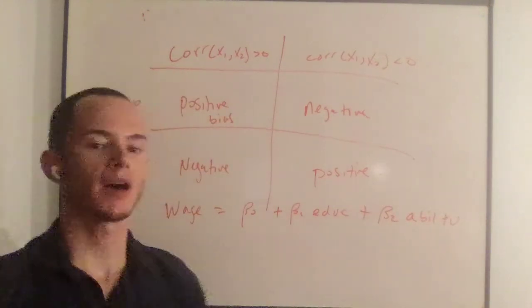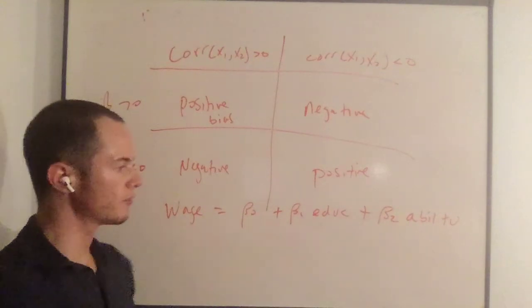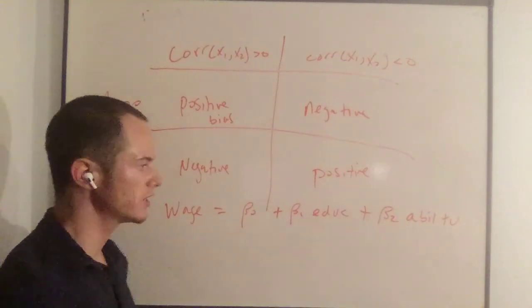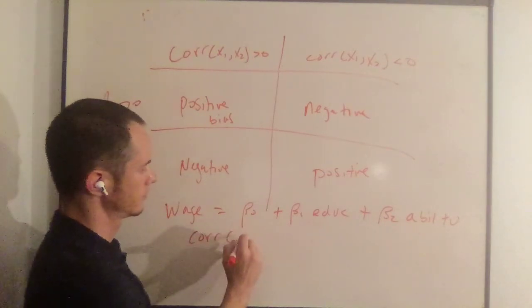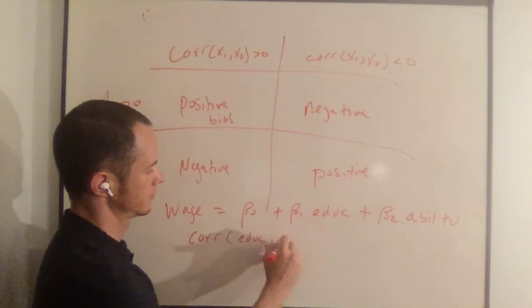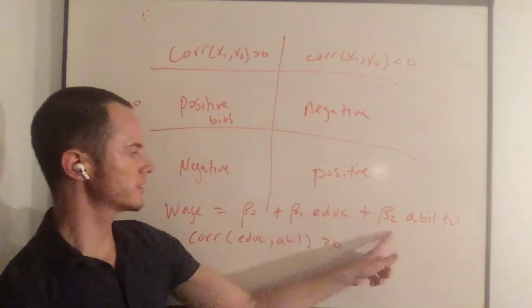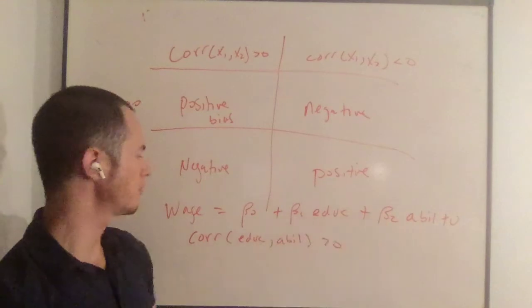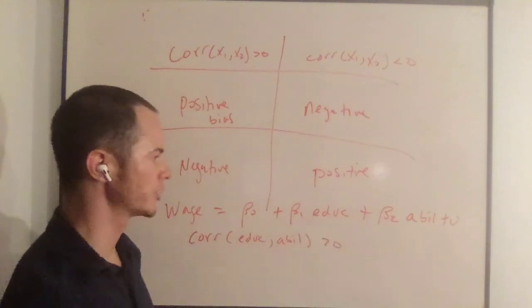So let's say this is the population model. Education and ability are important for wage. Education and ability are positively correlated, and let's assume that beta 1 and beta 2 are both positive. The higher your education, the higher your wage. The higher your ability, the higher your wage.